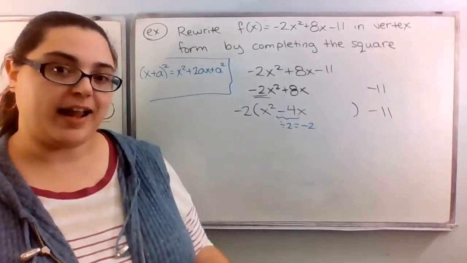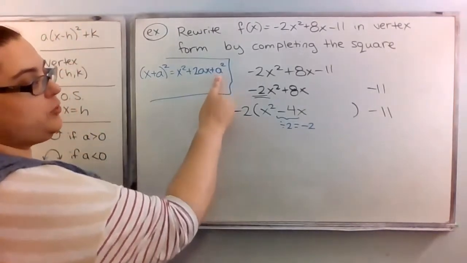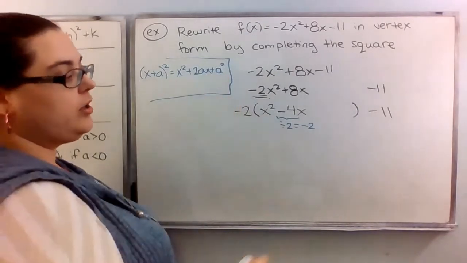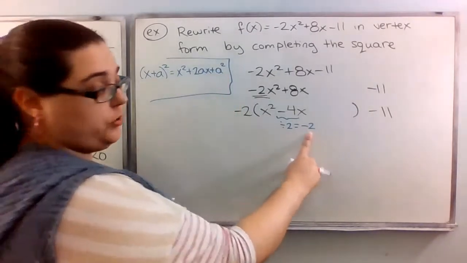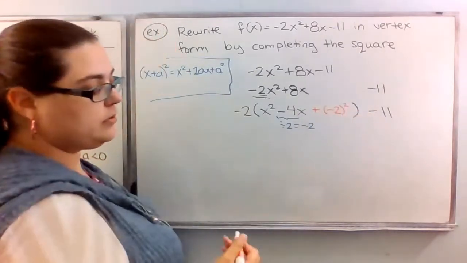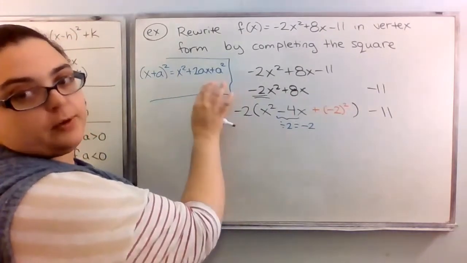In order to get a perfect square, I have to be adding a squared. That's how I'm going to get this format. So I want to take that negative 2 and square it so that I get this now perfect square format that we had over here.